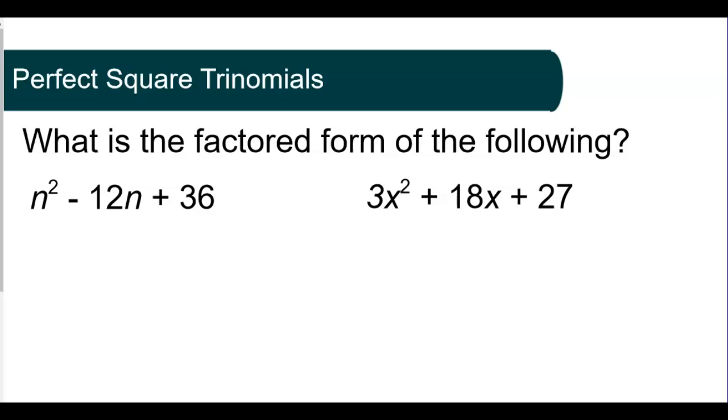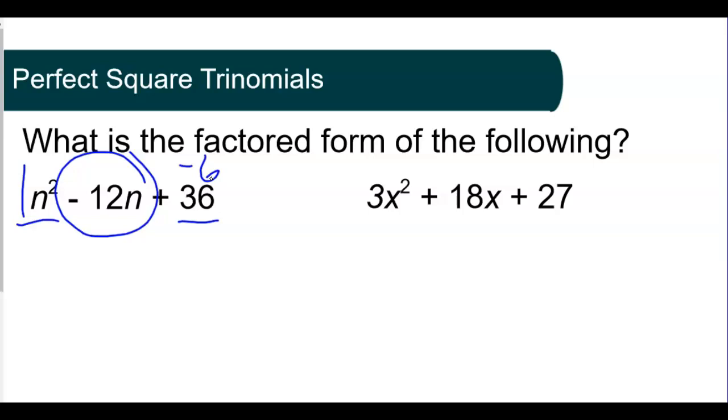n squared minus 12n plus 36. The first thing that I notice is these are both perfect squares. So I think to myself, this could be a perfect square trinomial. Do I get that middle term? Can I get this by multiplying 2 times a times b? Well, my a in this example is 1, and my b, since 36 is b squared, could be negative 6.